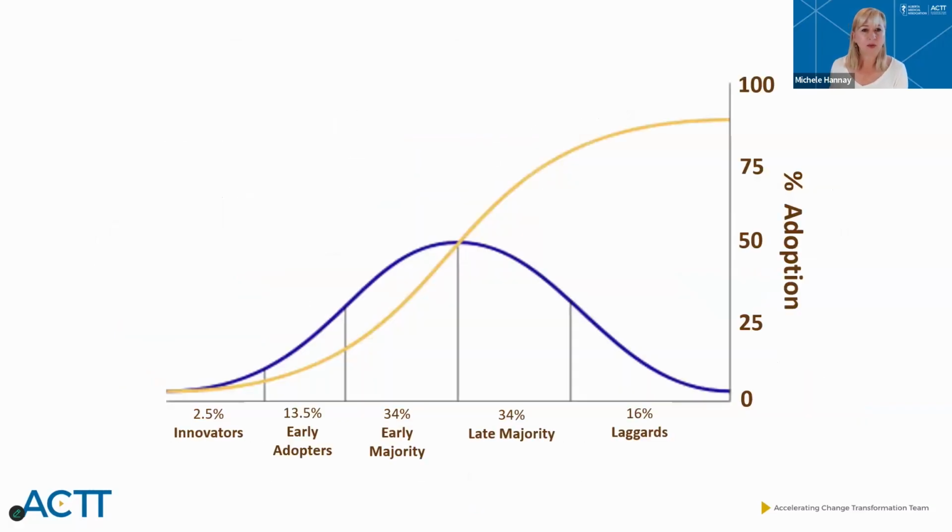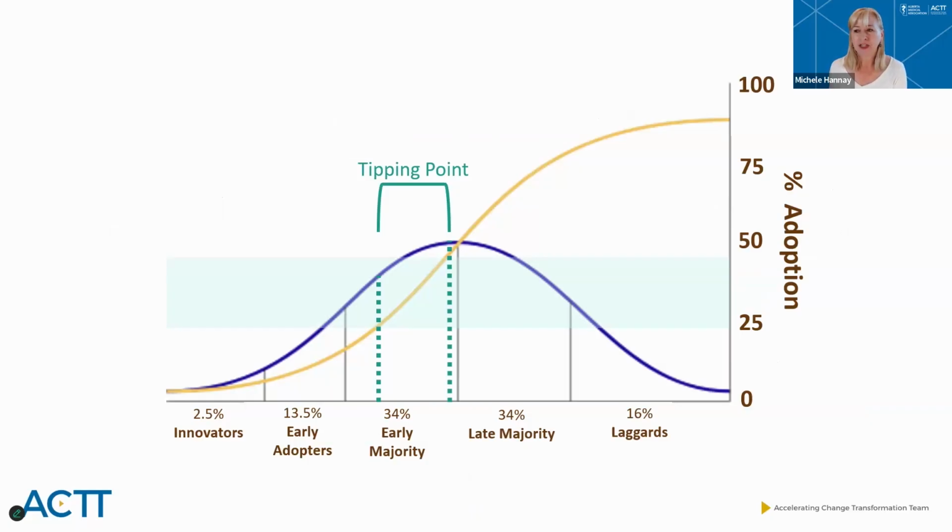All right, this is another more simple depiction of the adoption curve. And you can see the addition of this yellow S curve that shows the rate of adoption. And you can also see that the adoption rate picks up in that early majority when it reaches that tipping point. And the literature on tipping point is not super clear.